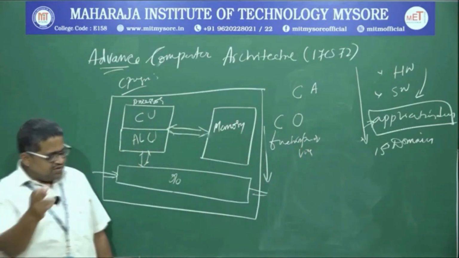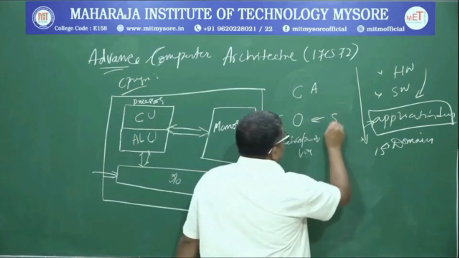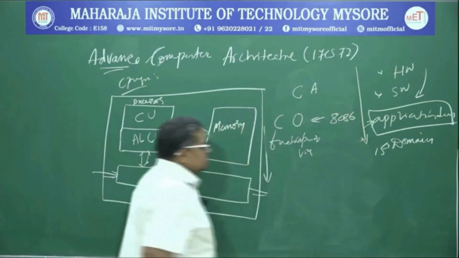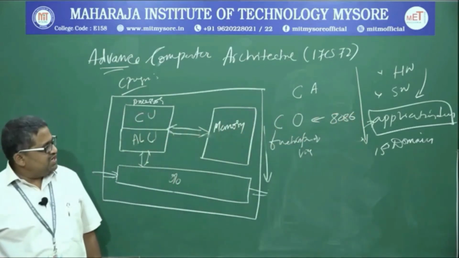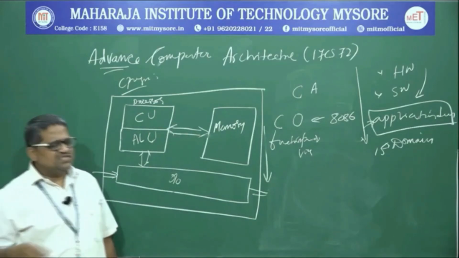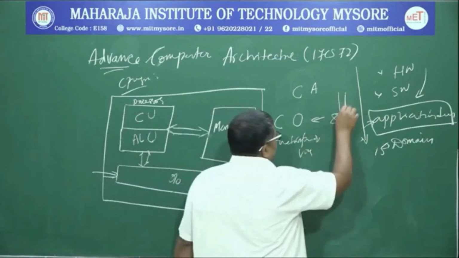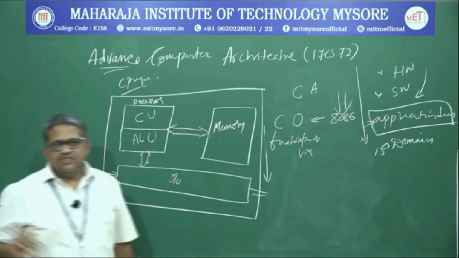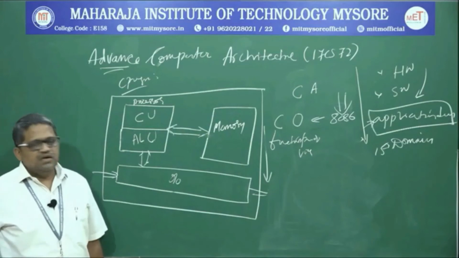After that CO, somewhere you would have studied a microprocessor, no? 8086. I believe you remember that word 8086. I would say that this processor 8086 was a game changer in the computing industry.